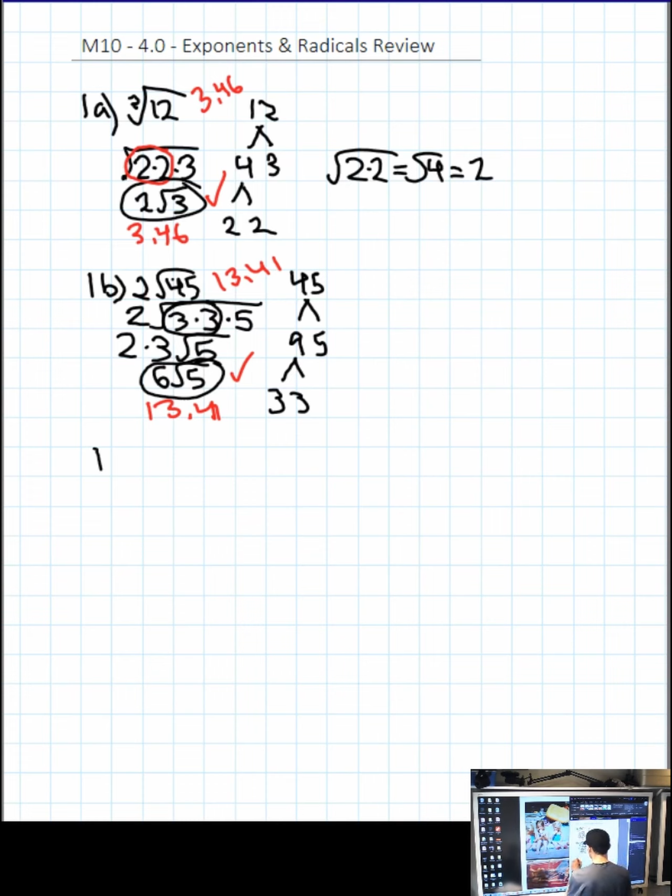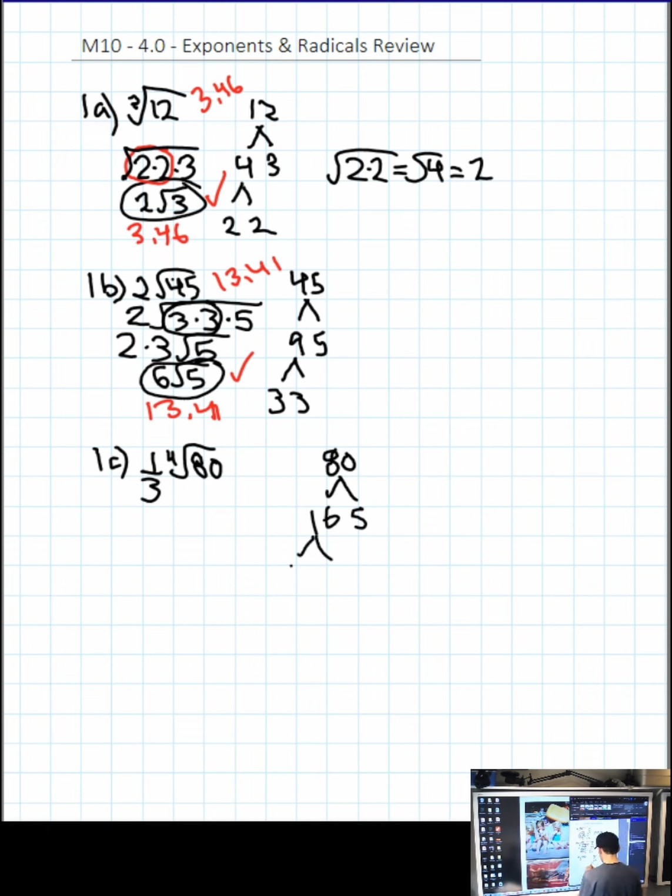Okay, we have 1C. So we're going to have 1/3 times the 4th root of 80. So we'll do a prime factorization on 80. 80 is 16 times 5. It's also 20 times 4 and a bunch of other things.